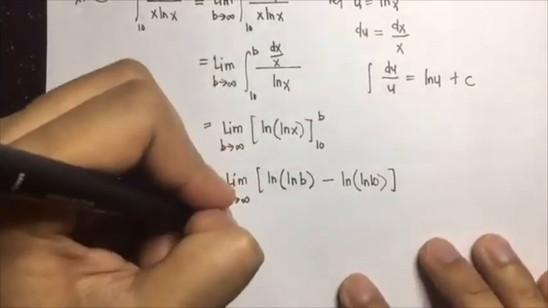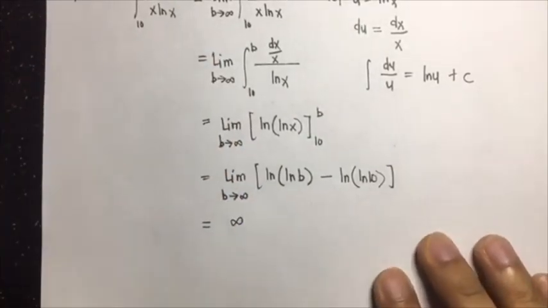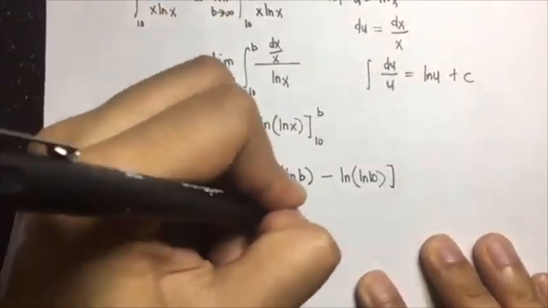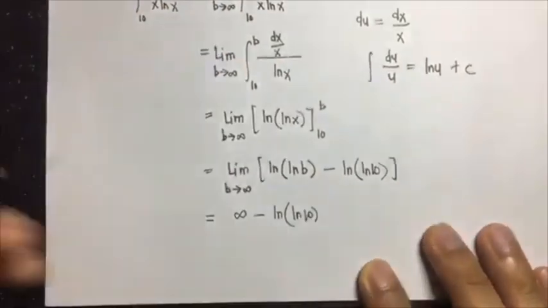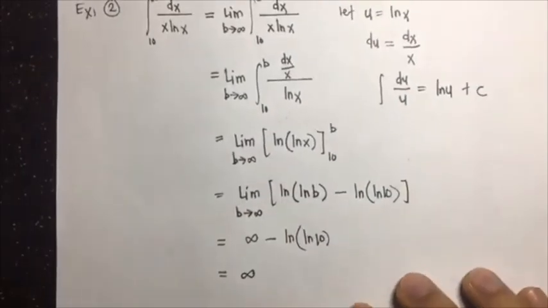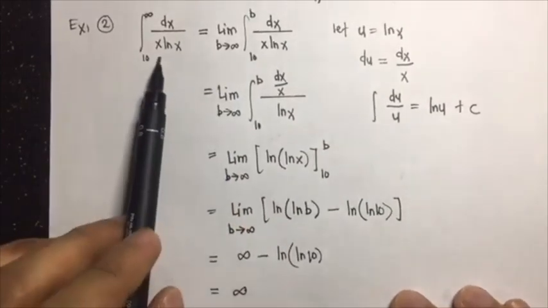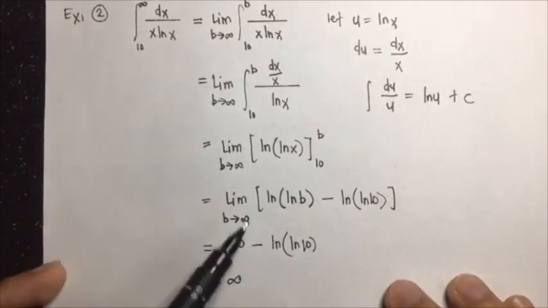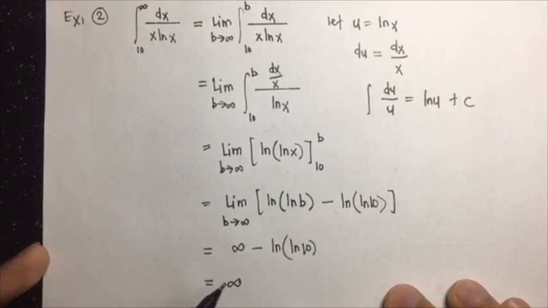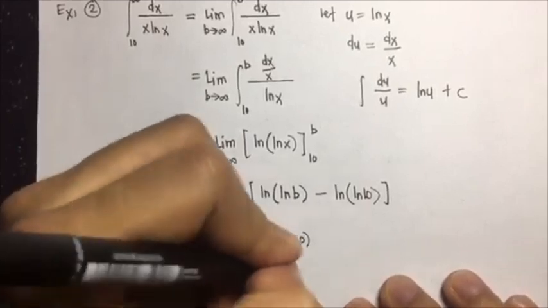So ln of b is infinity, minus whatever the value of ln of 10 is, so it is still infinity. If upon evaluating and doing everything you can, you still arrive with the value of the integral as infinity, then this integral is divergent.